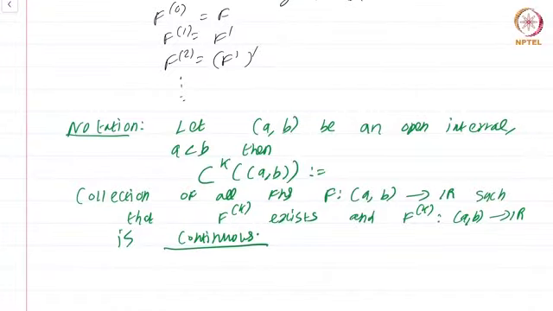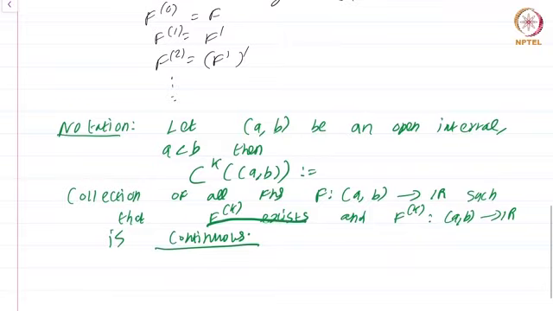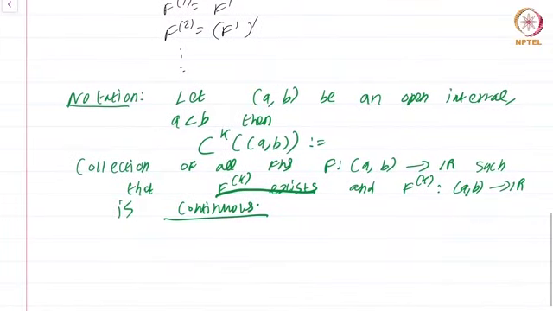For f^(k) to even be defined, f^(k-1) must be defined. So automatically f', f'', f''' up to f^(k-1) are defined just because I'm saying that f^(k) exists. So f^(k) exists is automatically asserting that all the lesser derivatives also exist, and f^(k) should be continuous.